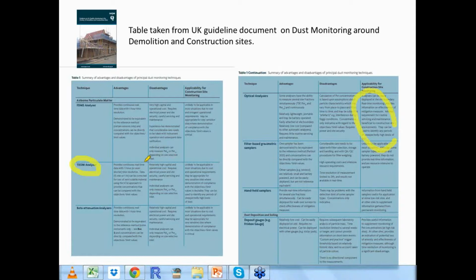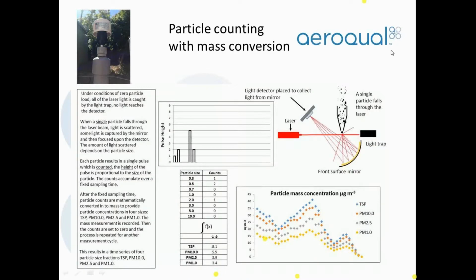The disadvantages are high capital cost and high operational cost, and they require careful servicing and maintenance. That's the same for the beta attenuation monitors. Also, the gravimetric filter samplers listed here, although incredibly accurate, require considerable experience and care in their operation.